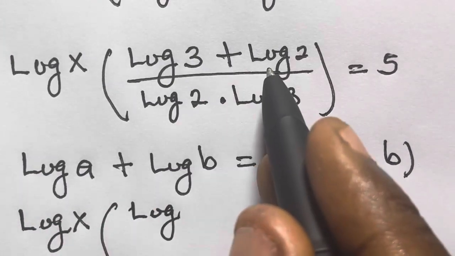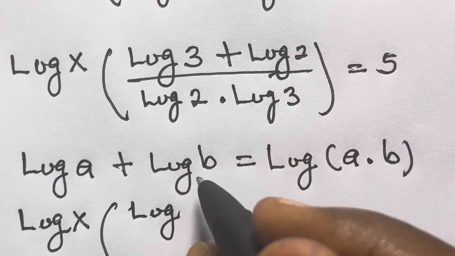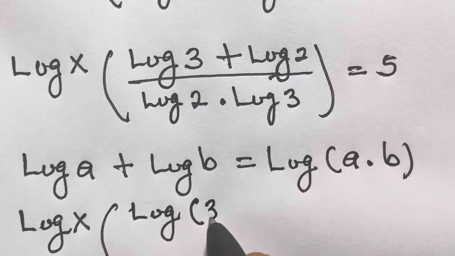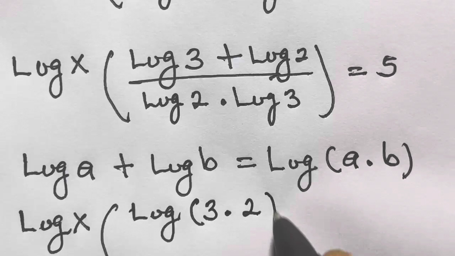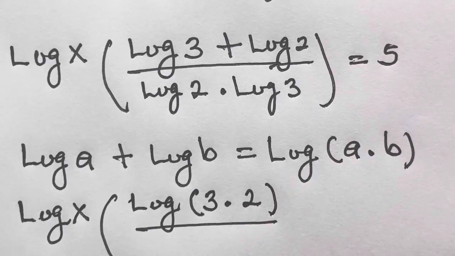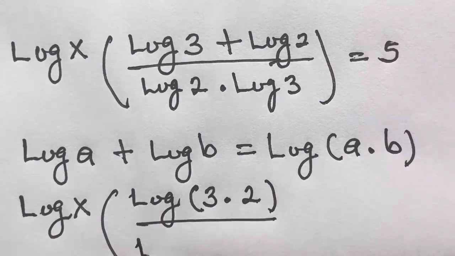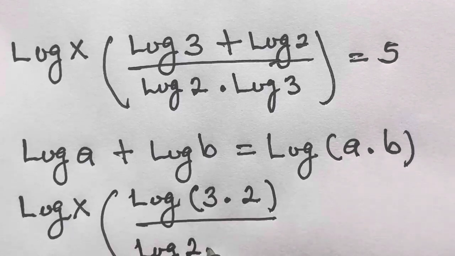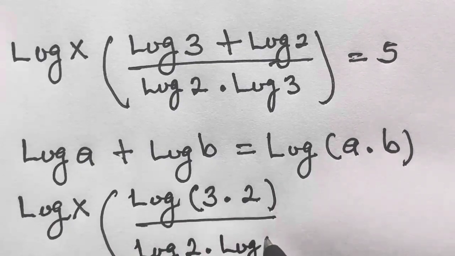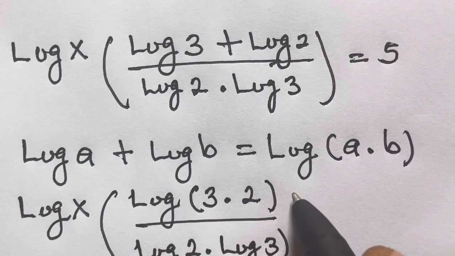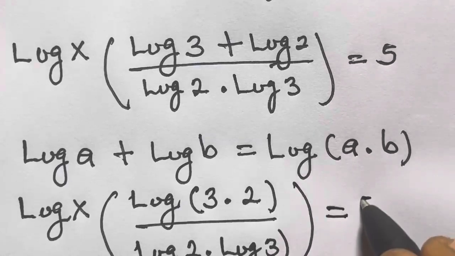This is addition of logarithms, so we change this plus to multiplication. We have 3 times 2, divided by log 2 multiplied by log 3, equals 5.